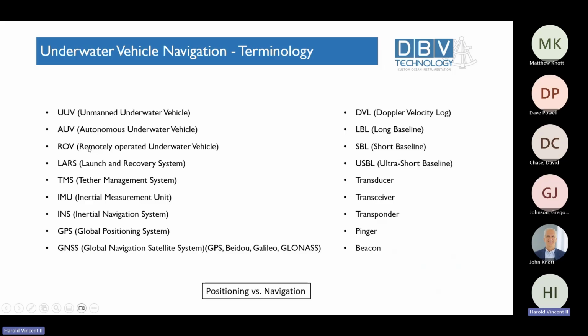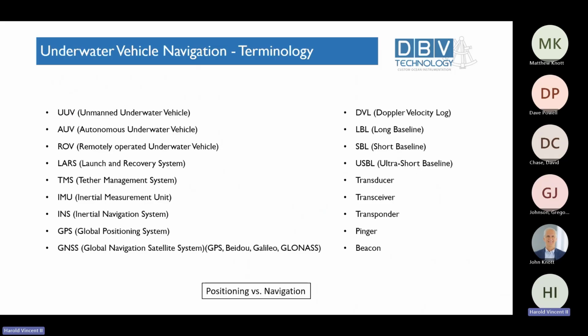And the main difference between them is an autonomous underwater vehicle, an AUV, makes decisions for control of the maneuvering of the vehicle, how fast to go, whether to turn left, turn right, what course to steer, what depth to maintain, is all done based on a computer, as opposed to a human operator in the loop providing those control inputs to the control surfaces and the propulsion system.